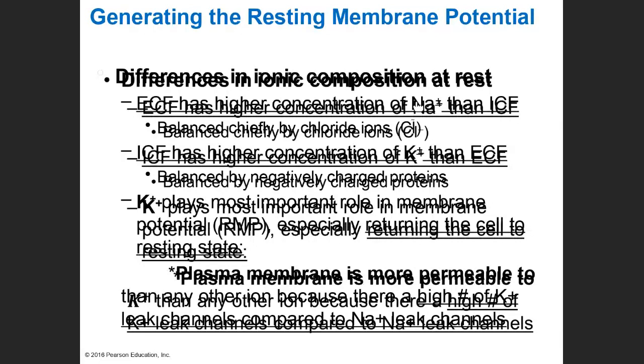Think about that. Remember when we talked about muscle and how sodium rushes into the muscle cell and that excites it. That's why it excites it, because it's not normal to have a whole bunch of sodium inside the cell. So when you do have a whole bunch of sodium coming into the cell, that is what excites the cell. But at rest, we're going to have more sodium outside the cell.